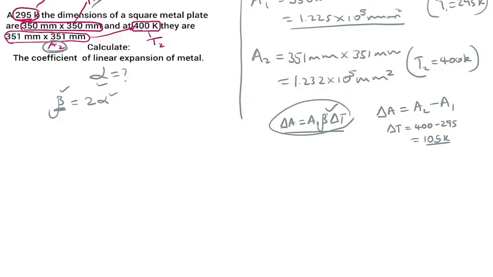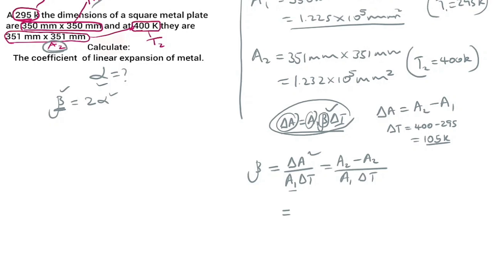Let us make the coefficient of area expansion the subject of the formula. The coefficient of area expansion is equal to change in area divided by the initial area, area 1, times the change in temperature.